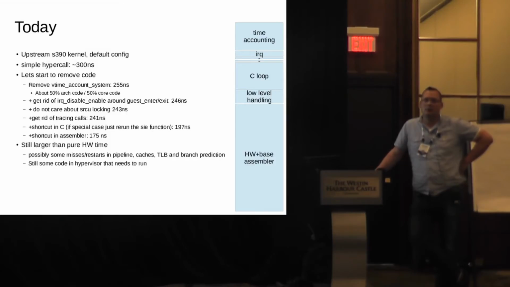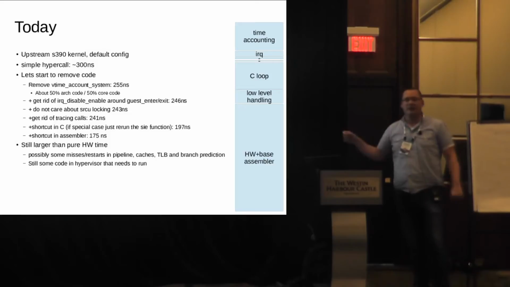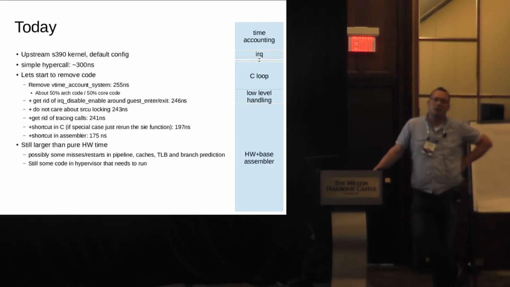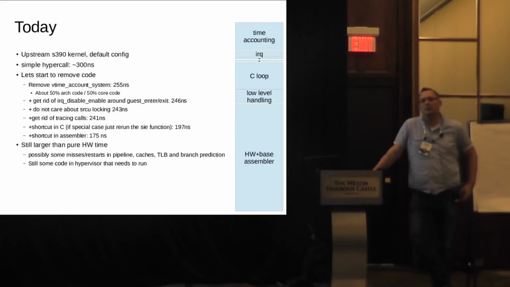So how many cycles, roughly, do you have an idea? The instruction itself should be single cycle. It has a dependency on the following instruction. So it really depends on whether you have lots of stores pending. So it can be really cheap. Okay, because on x86 it's like 50, so we actually see a lot of the SRCU locking.